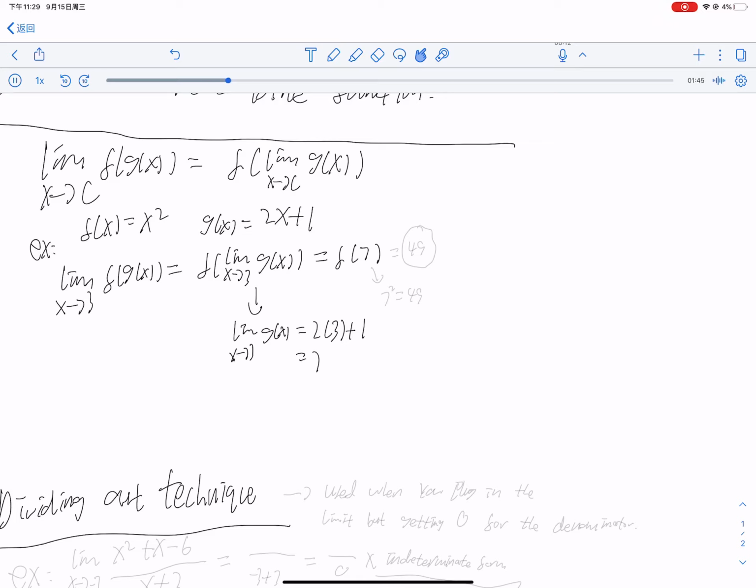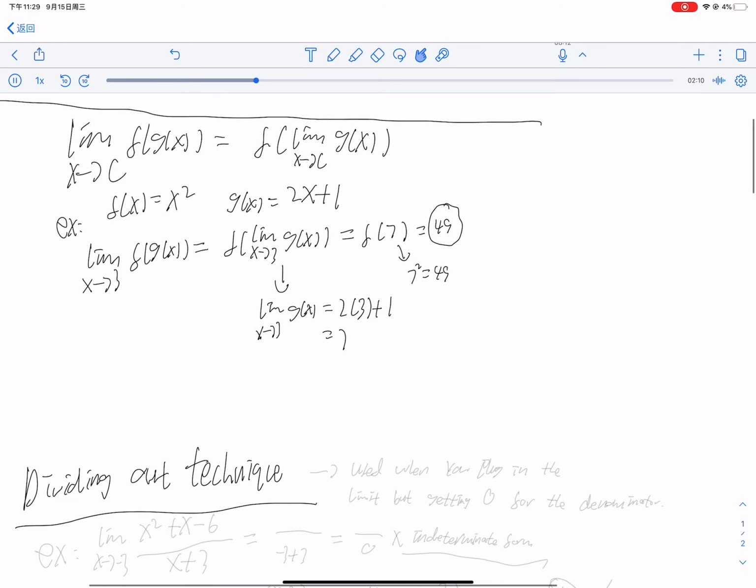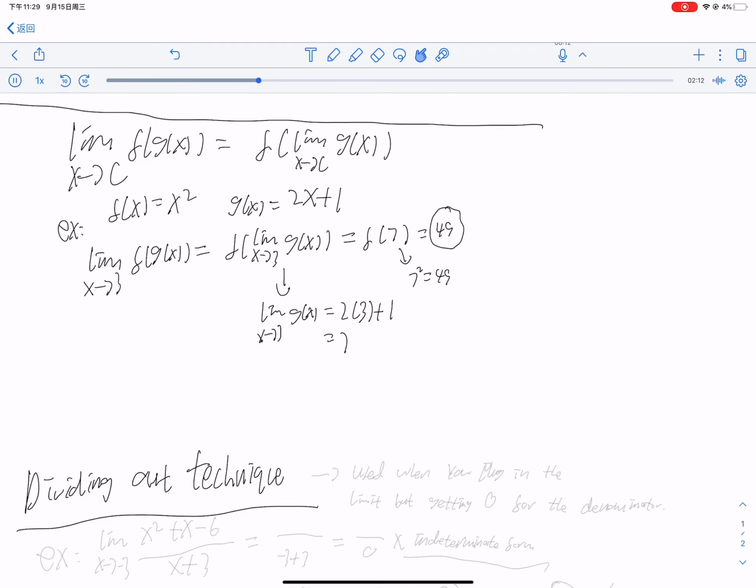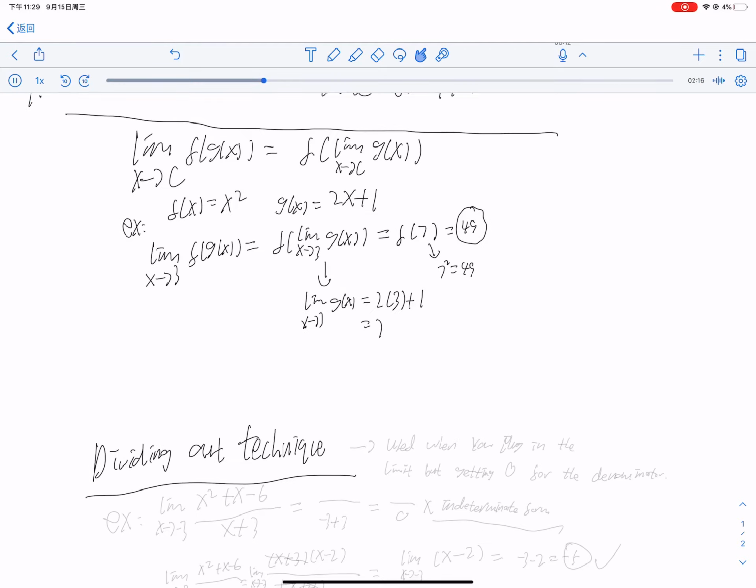Alright, so f of 7 is x squared, so 7 squared, which is 49, and this is just equal to 49. It's very simple, so basically just follow the equation and be mindful of what you are supposed to do, and you're gonna manipulate this equation easily and clearly.